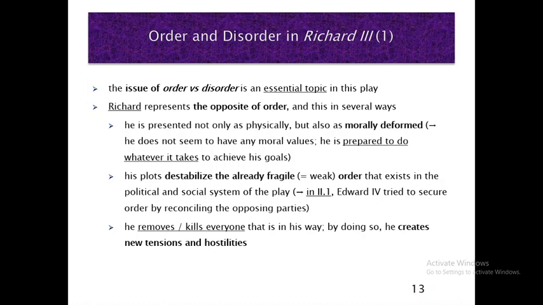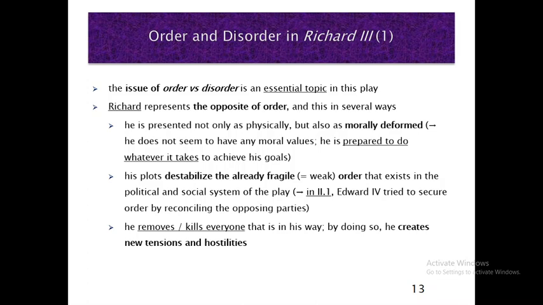It seems as if he does not have any moral values. It seems as if he's prepared to do whatever it takes to achieve his goals. And his plots destabilize the already weak order that exists in the political and social system of the play.